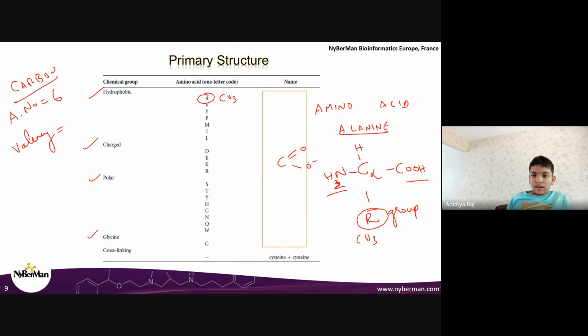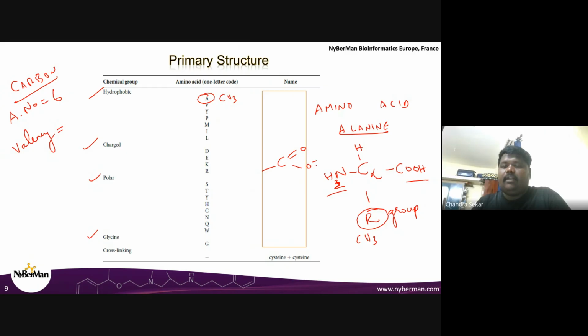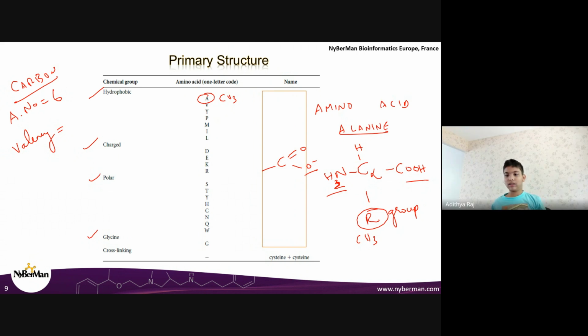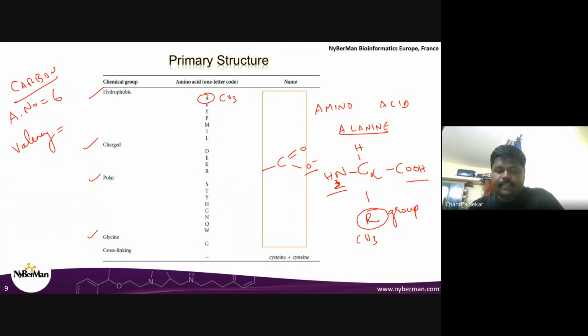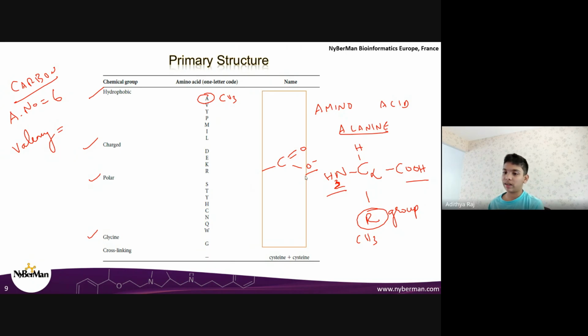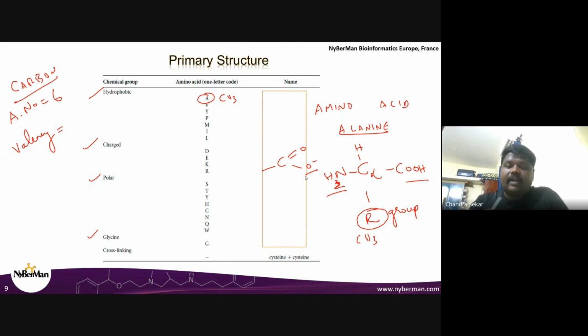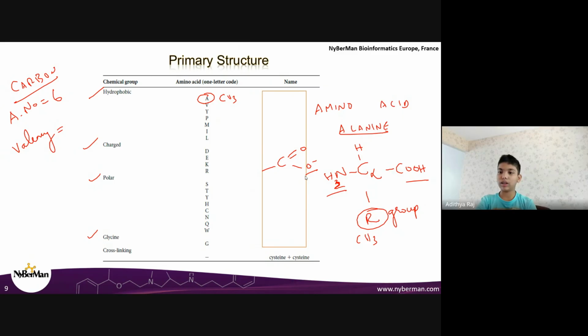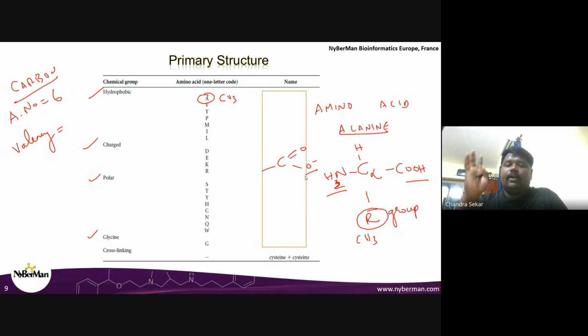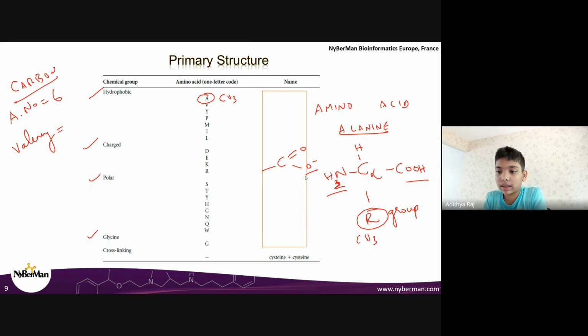Because if the H is lost, I'm putting it in ionic form, since the negative charge comes. You have written the zwitterionic form of the amino acid, but what I have written is the neutral form. Look at the amino acid in this neutral form first. Then only go for ions. Adhi, you got the point.